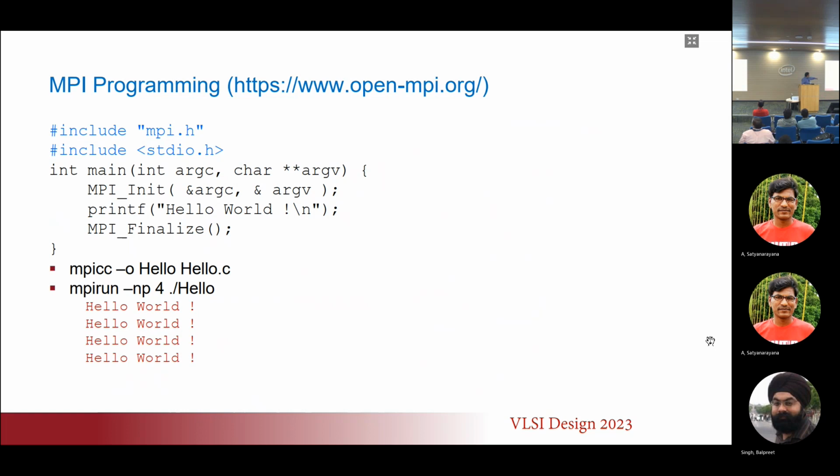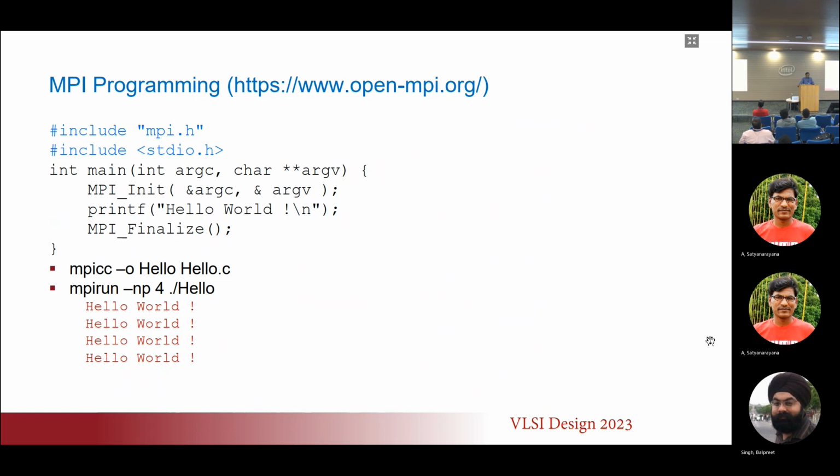And at runtime, you just say mpirun with the number of processes. How many parallel processes will be executing that code? We just specify number of processes equal to 4. And then we run hello, and the 4 parallel processes will execute, and each one of them is printing hello world. So you'll end up with 4 hello worlds, okay?